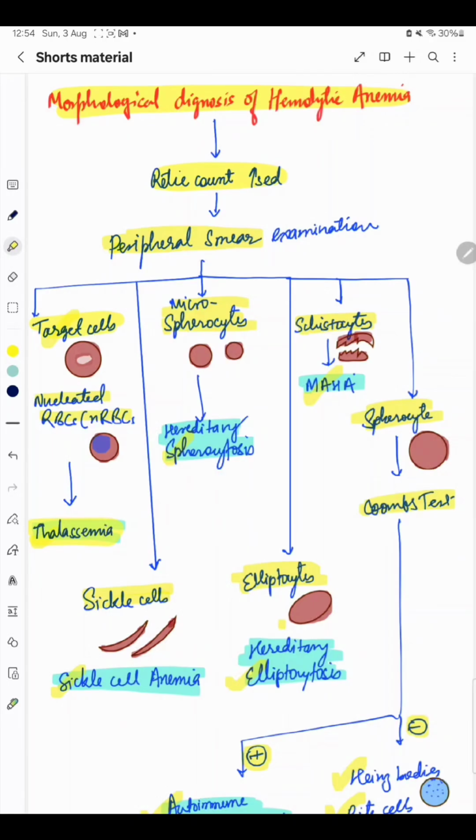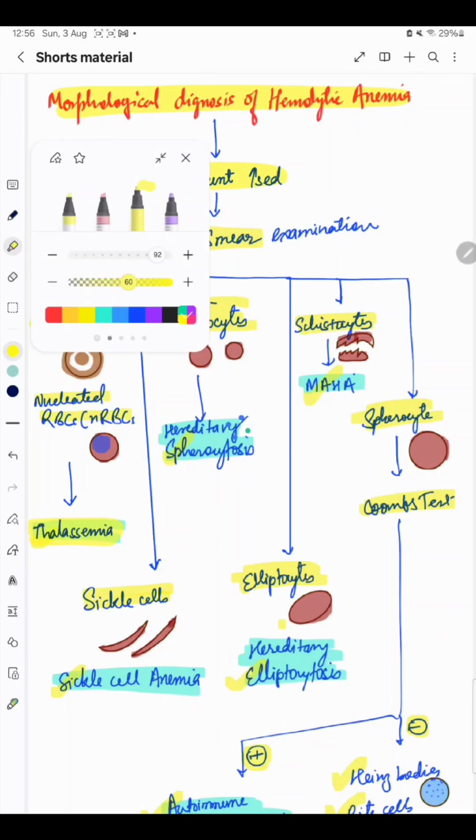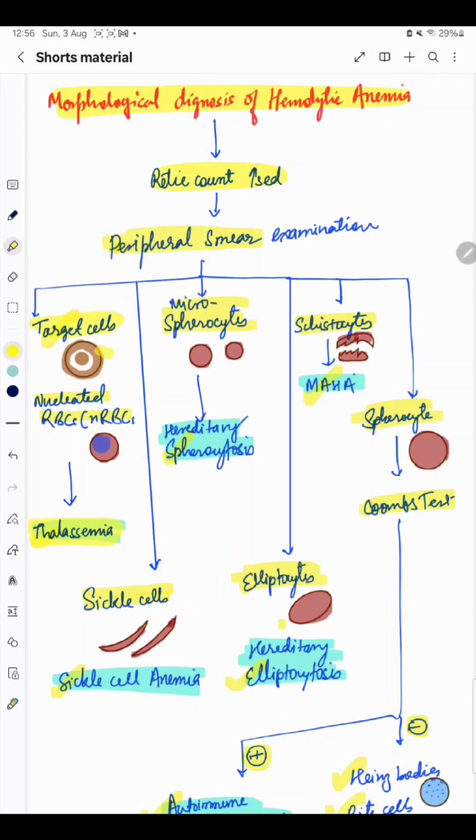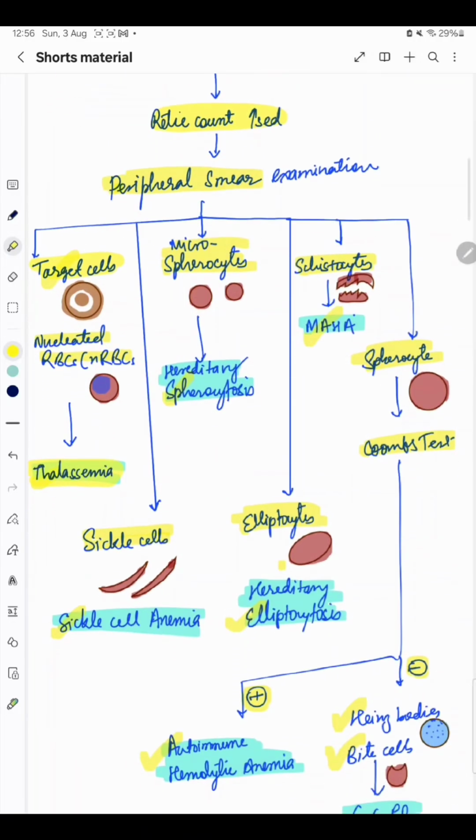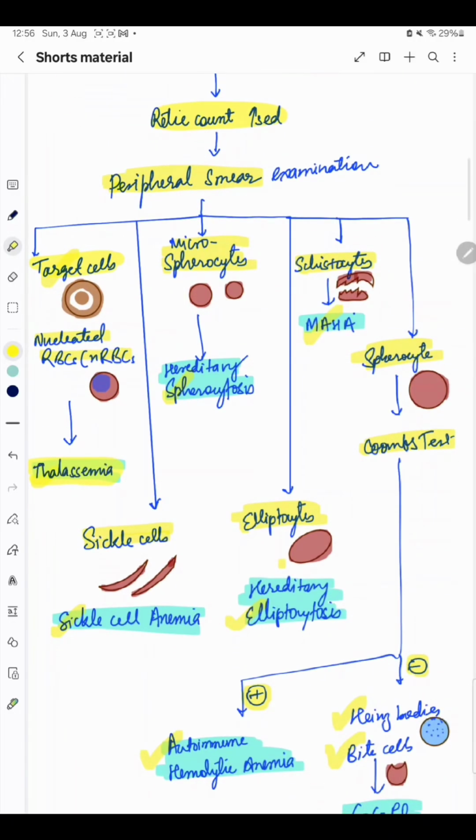Target cells are target like RBCs in which a central pallor is seen surrounded by a pericentral area. An increased nucleated RBC is indicative of thalassemia.